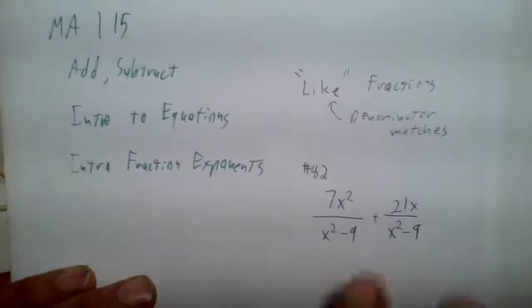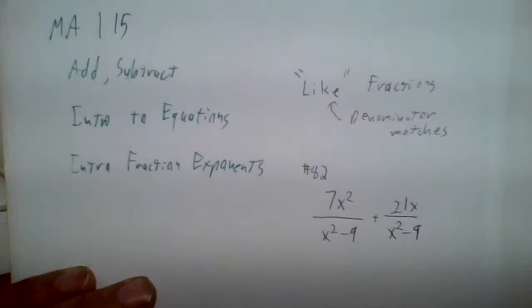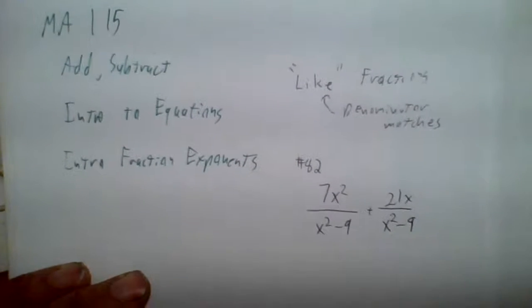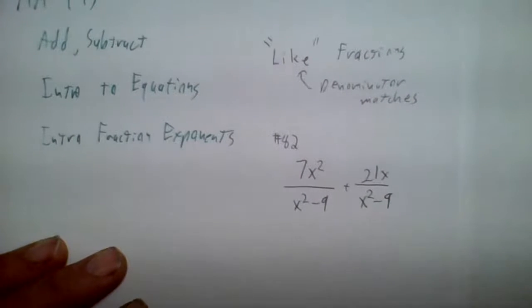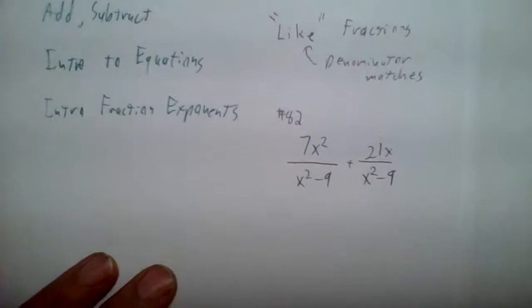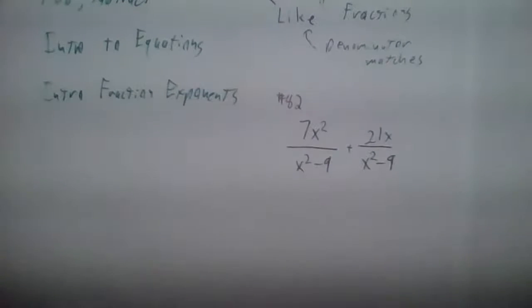So when you look at that, you make the observation this is an addition problem with rational expressions. We have to add them, so we need a common denominator. And the second thing you should notice is that we already have a common denominator, so we're ready to go ahead and do addition. When you're dealing with fractions and the denominators are the same, that means you can add them up and just keep the denominator the same.